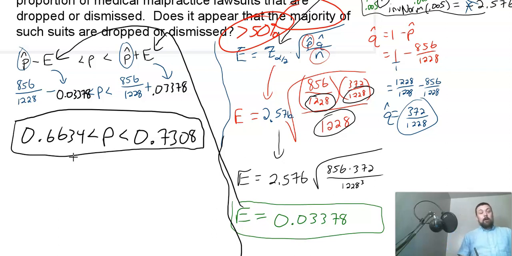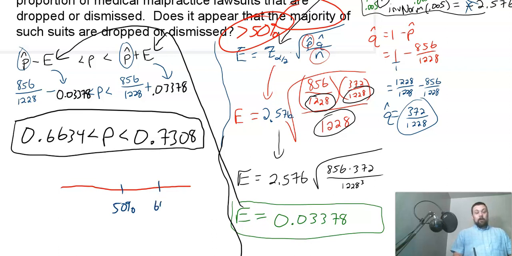Now, based on our estimate, the answer is yes. More than 50% of cases do appear to be dropped or dismissed because our estimate is clearly above the 50% mark. If you think of this on a real number line, let's say 50% is right here. Our confidence interval is above that.